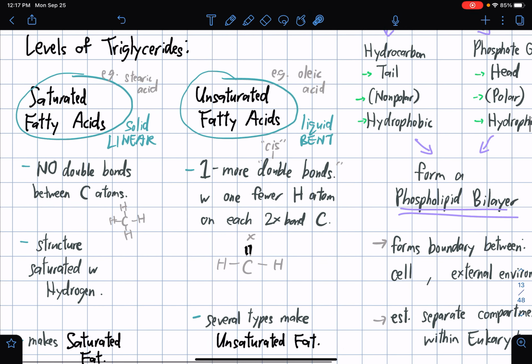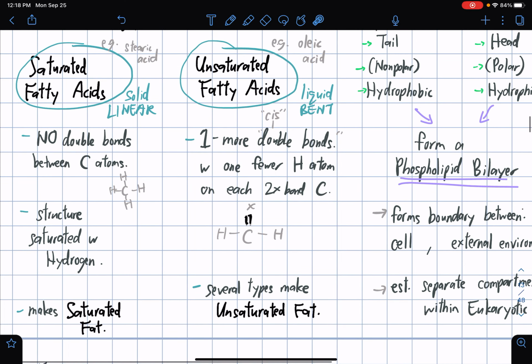In comparison, for unsaturated fatty acids, one example is oleic acid. It is liquid at room temperature because of the presence of one or more cis double bonds. The double bond reduces the number of hydrogen atoms. If you can see here, one carbon atom has 4 hydrogens, but in the presence of a double bond, we have at least 3 hydrogens left. So 1 hydrogen is removed.